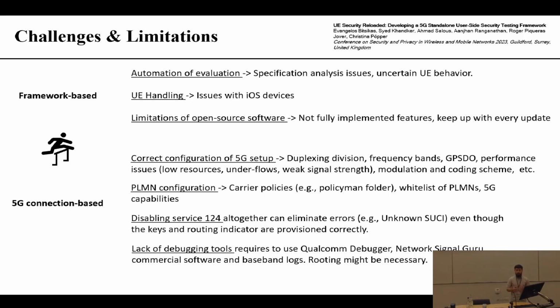So our best option is to always use commercial configurations in a secluded environment to avoid any potential issues. Disabling the service 124, which is for SUCI, can always eliminate potential errors, even though you have provided the keys and the routing indicator correctly. You won't be able to see the SUCI, but the rest of the 5G will be untouched.